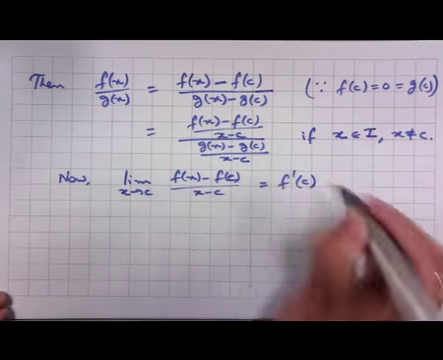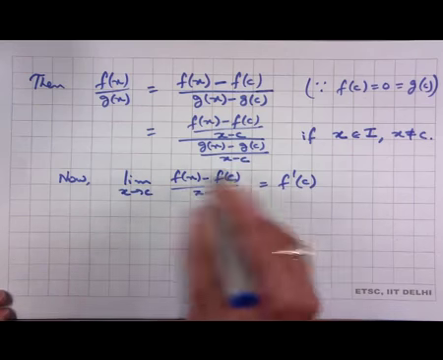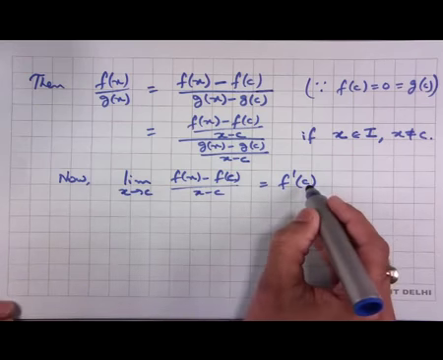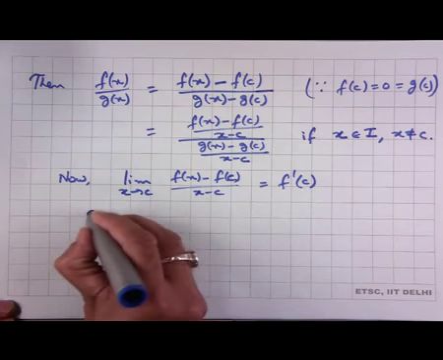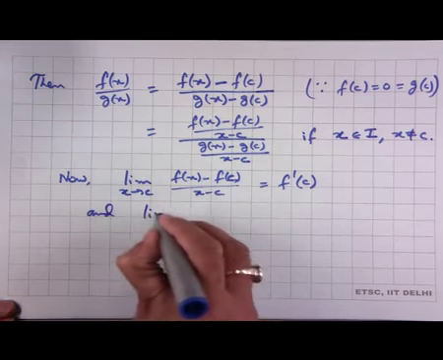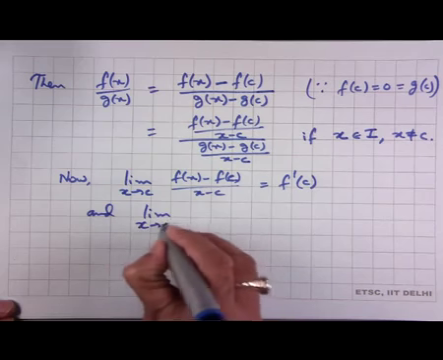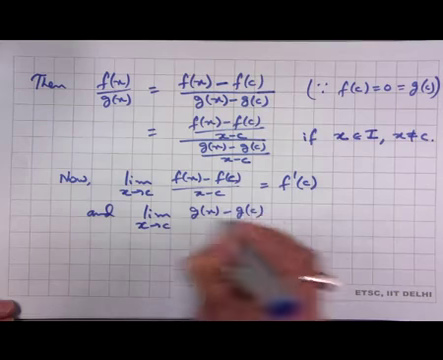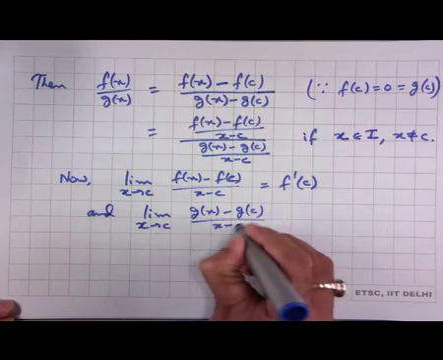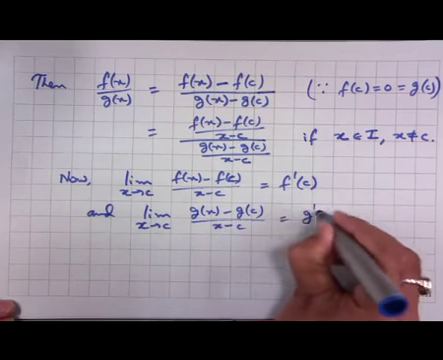Since we have assumed that f is differentiable at c, this limit exists and is equal to the derivative at c, and the limit of x approaching c of g x minus g c divided by x minus c is equal to g prime c.